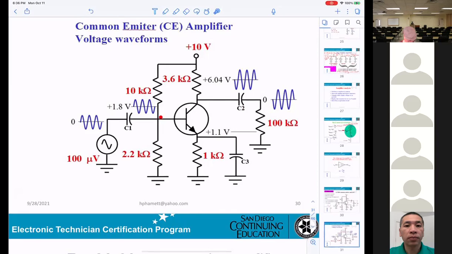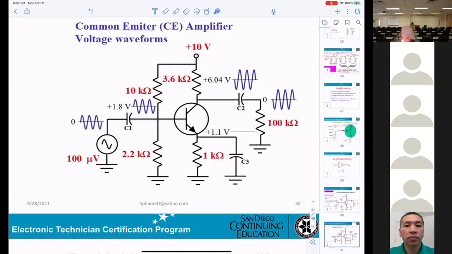You can get the voltage right here, 1.8 volt. That's DC. You calculate the DC, you get VE 1.1 volt, and you get VC 6.04 volt. That's all of the calculation for the DC. We already did that.